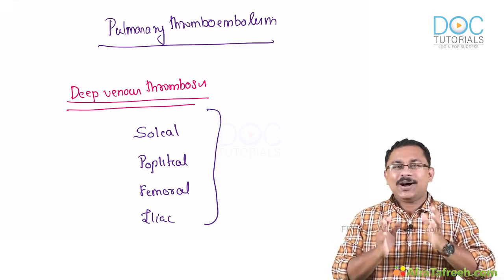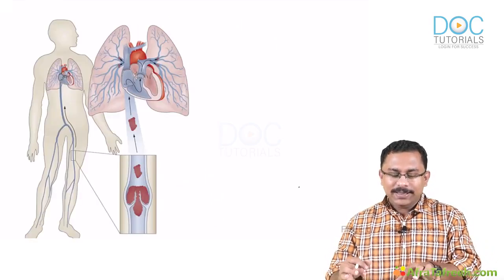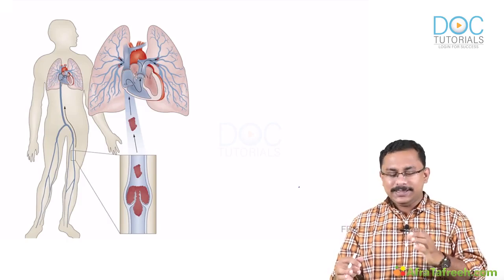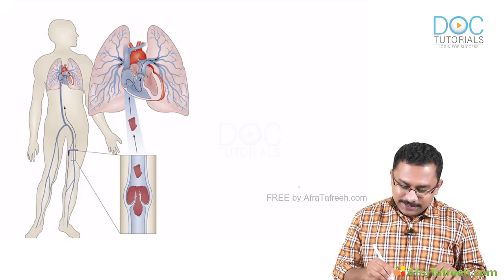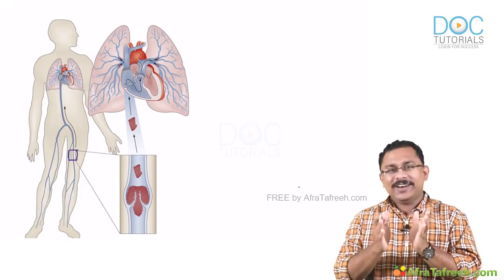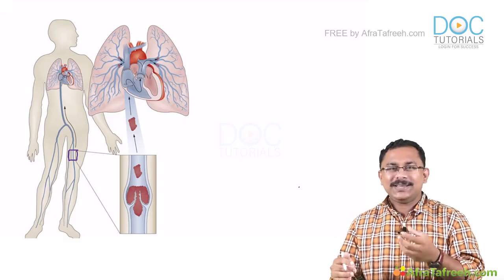Now let's see how does it propagate. Once the thrombus is formed in the veins of lower extremities, I am showing you a pictorial representation. As you can see here, there is a cross section of a lower limb vein being zoomed, and you can see that thrombus formation happens there.